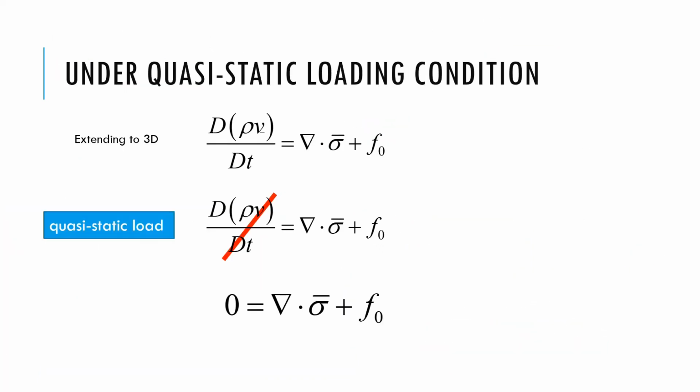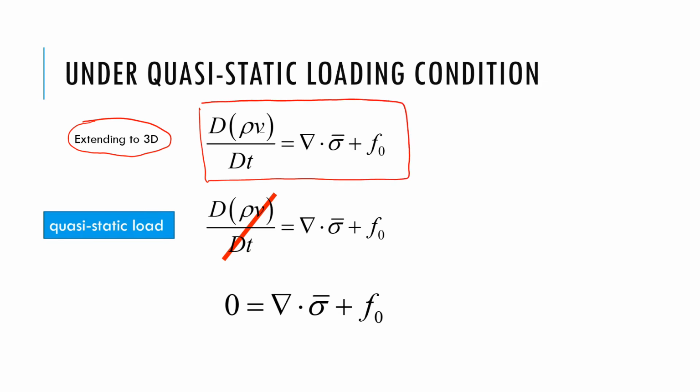When the momentum conservation equation is extended to 3D, it's going to look like this, written in nabla form. And note, as I was saying in the previous slide, two things.